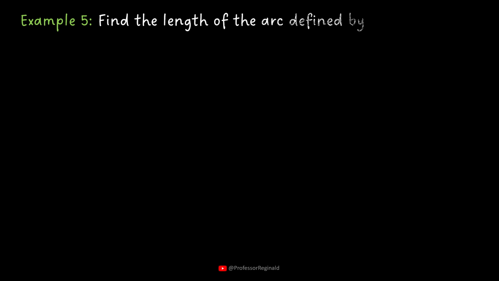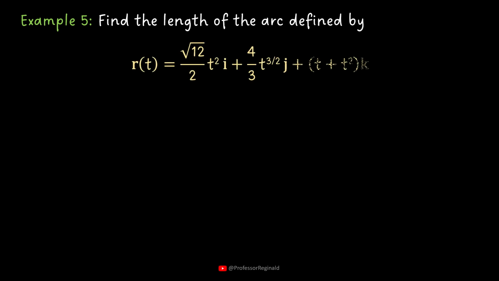Example 5. Find the length of the arc defined by the following vector-valued function from t equals 0 to t equals 2. Solution.